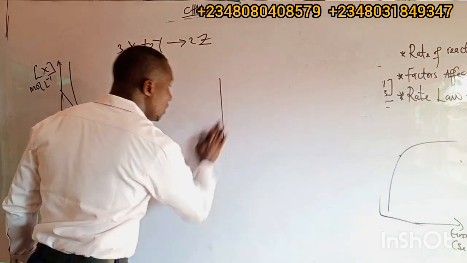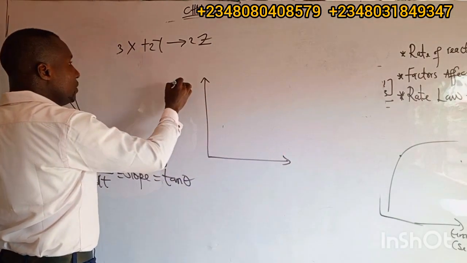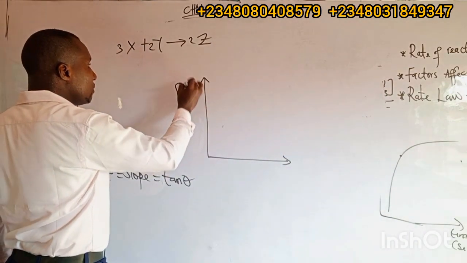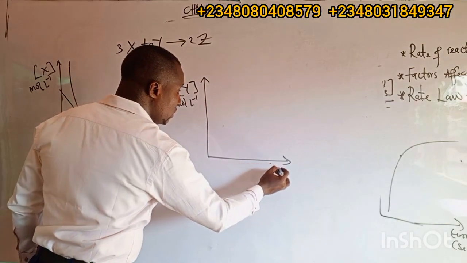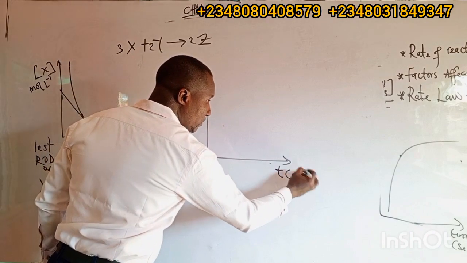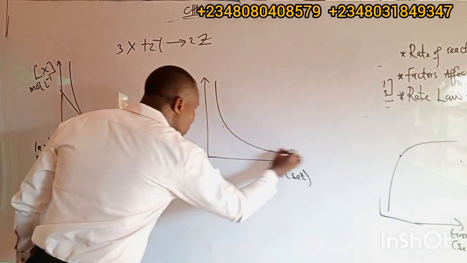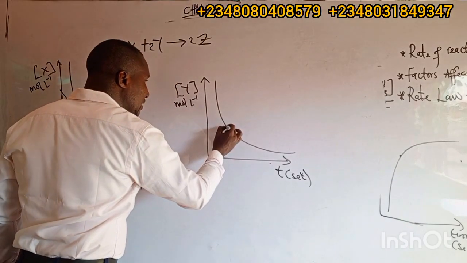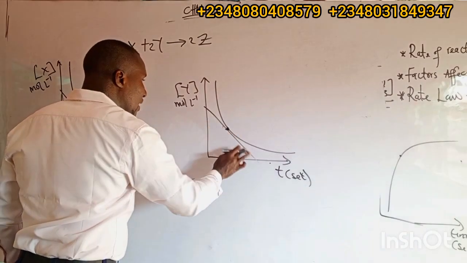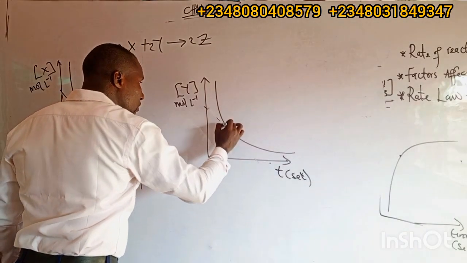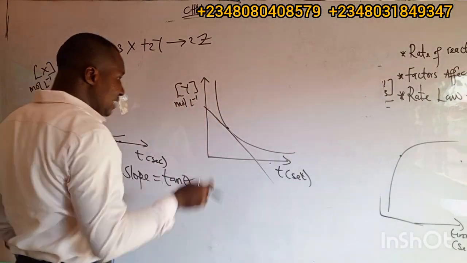Then for y, the same graph. For y, we have concentration of y in mole per liter. Then we have time, seconds, then decreasing in concentration. Then at an instant of time, you have a tangent line that intersects your y-axis and the x-axis.